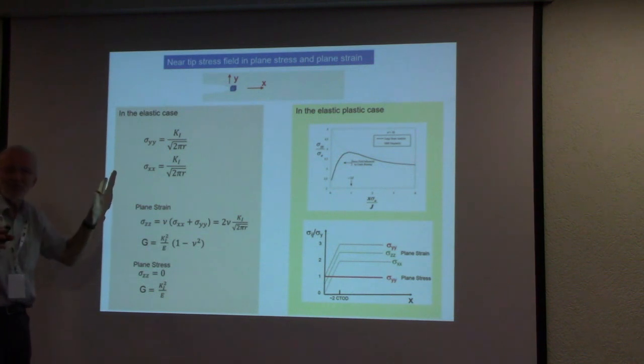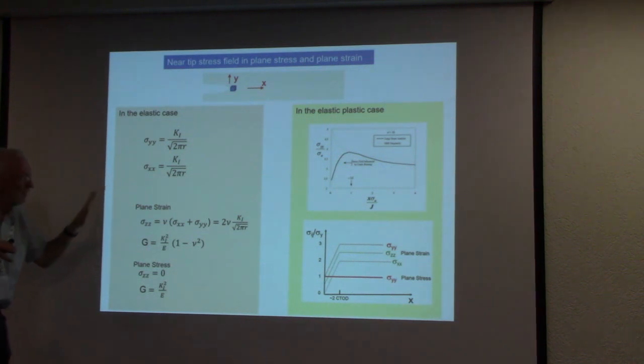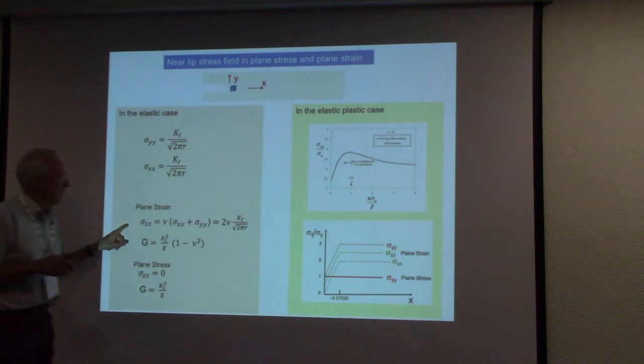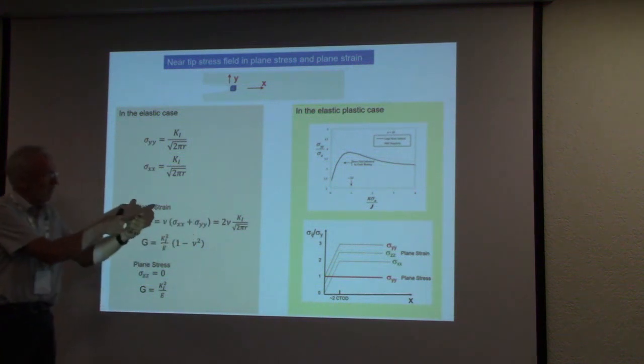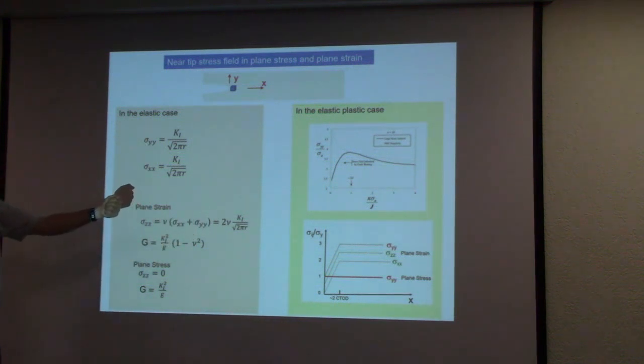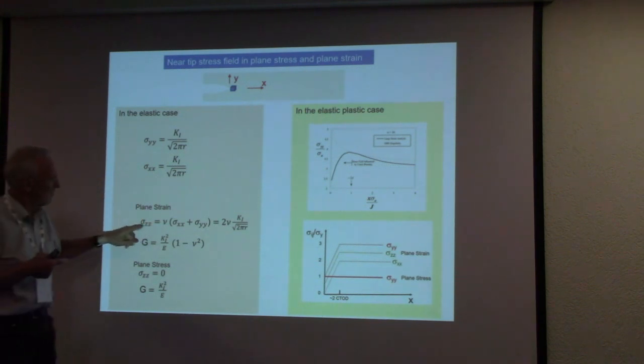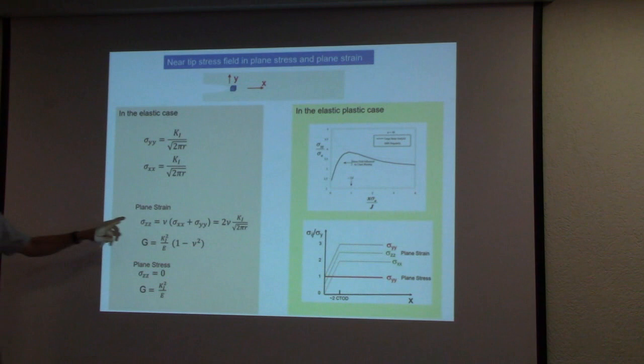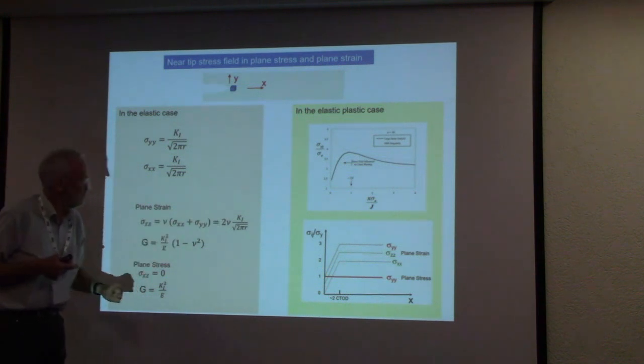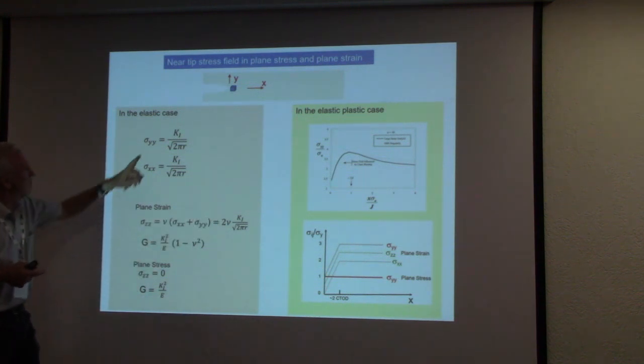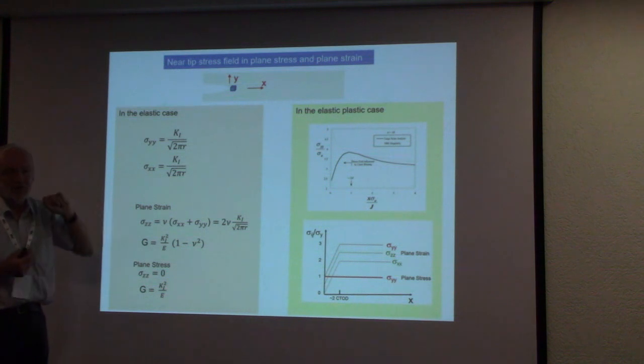They are not affected by the stress state. The only difference is that in the plane strain case, in the direction perpendicular to or along the crack front, sigma z, the stress is 2 times the Poisson ratio times the stress in the loading direction.